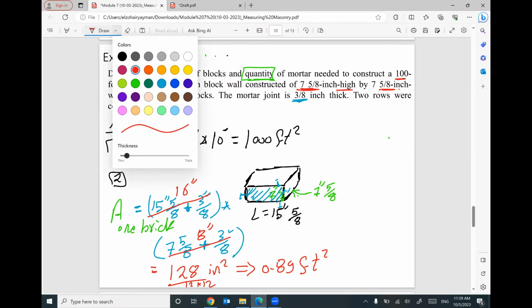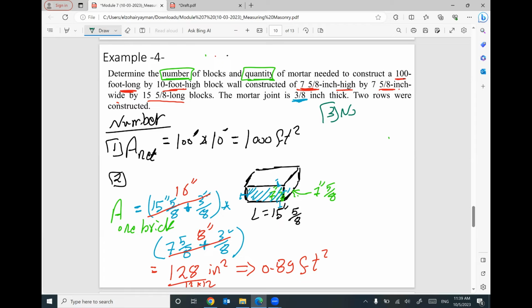If you would like to figure out the initial number of bricks, I can divide this area, which is 1,000 square feet, by this area, which is 0.89 square feet. So the total number of bricks will be 1,125 bricks.